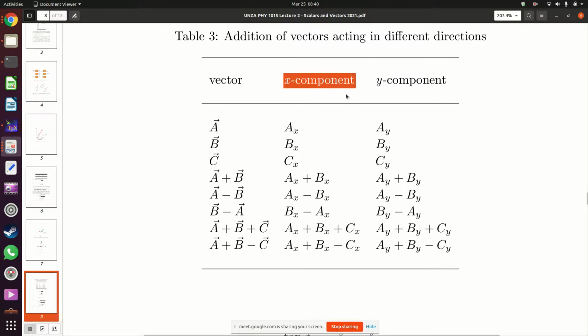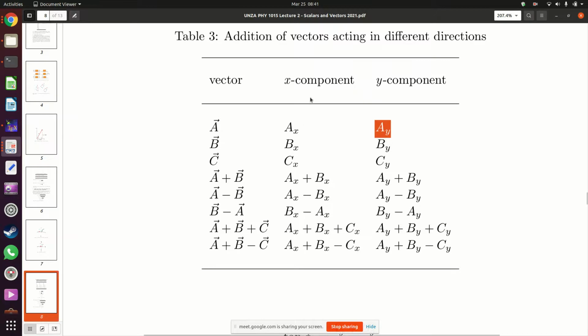That is the x component, AX. For vector A, we're going to give you the size of vector A, and the angle it makes, so that it should be possible for you to work out A cos theta. So you find out what is AX. Then you also find out what is AY, the y component of A. So for each vector A, B, C, you find AX, you find AY.